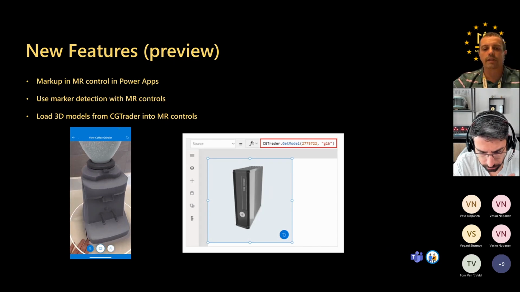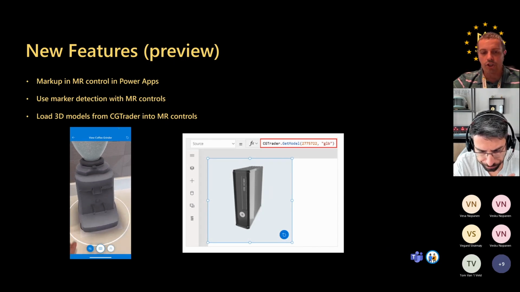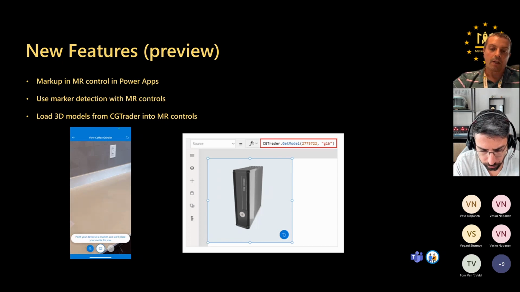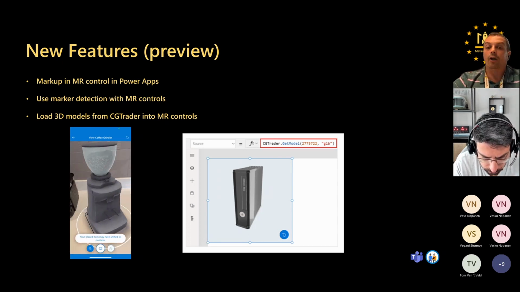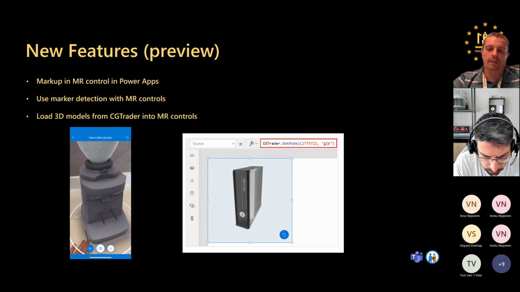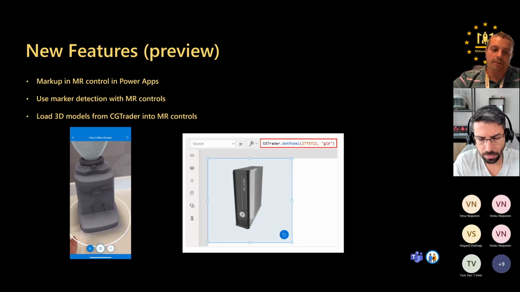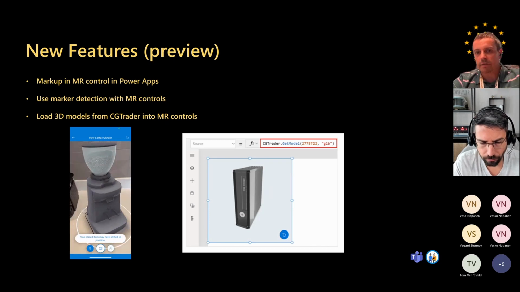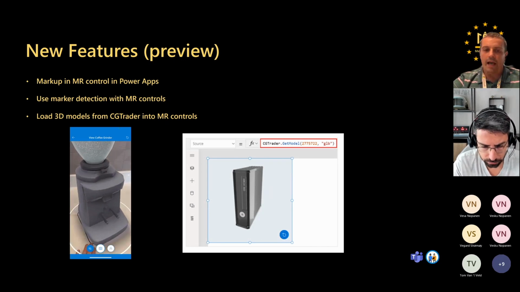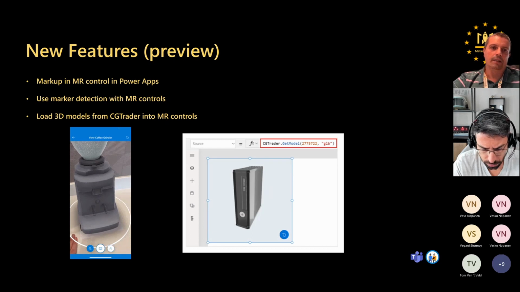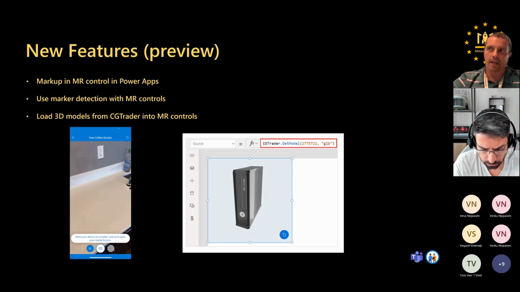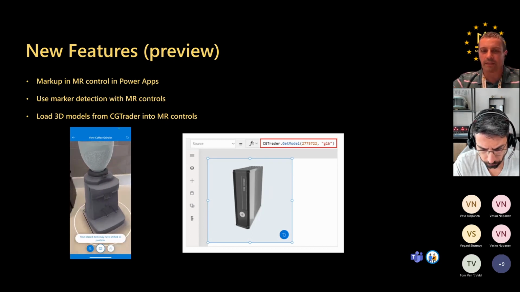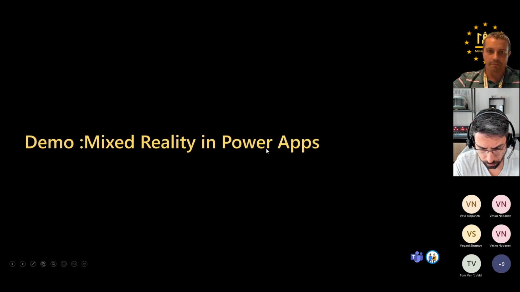You can create a connector from CGTrader repository to import a lot of three-dimensional content from CGTrader into your Canvas app. This feature and the markup feature are in preview for the moment.